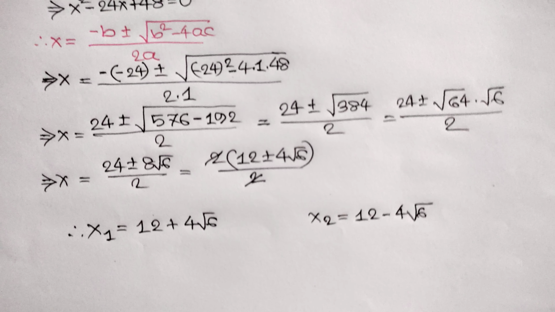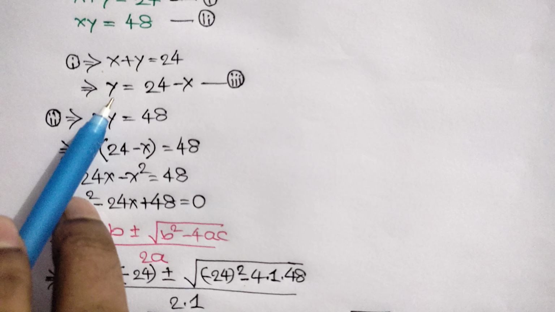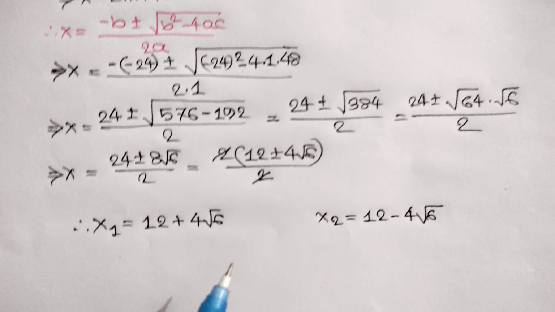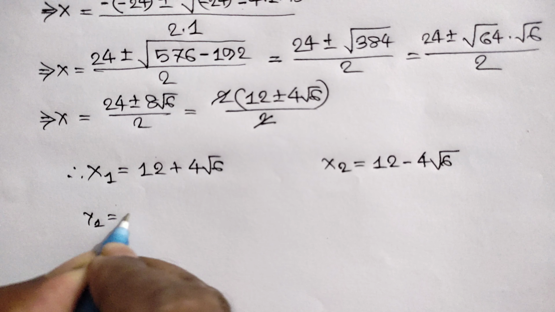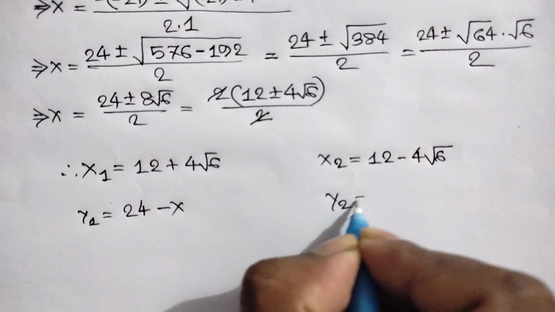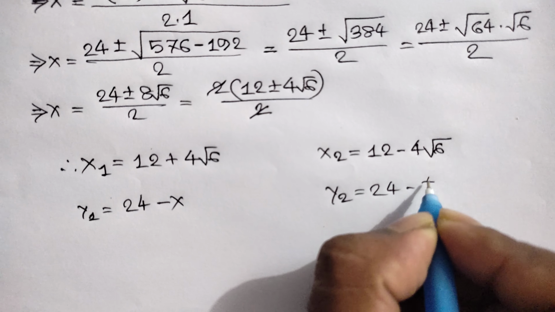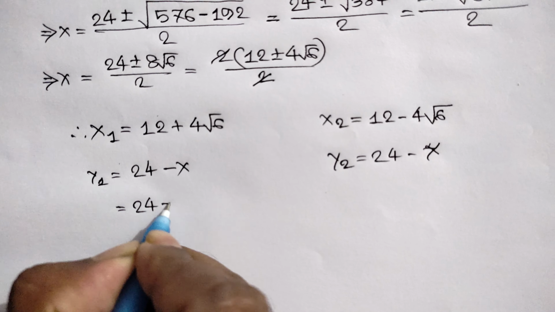Now find out the value of y, so recall equation 3, we can write y is equal to 24 minus x, so we can write y1 is equal to 24 minus x, and y2 is equal to 24 minus x.